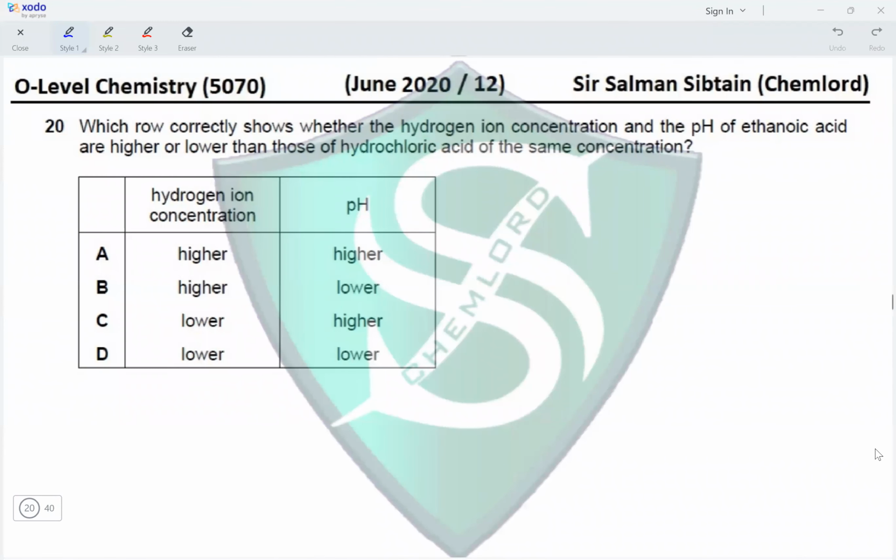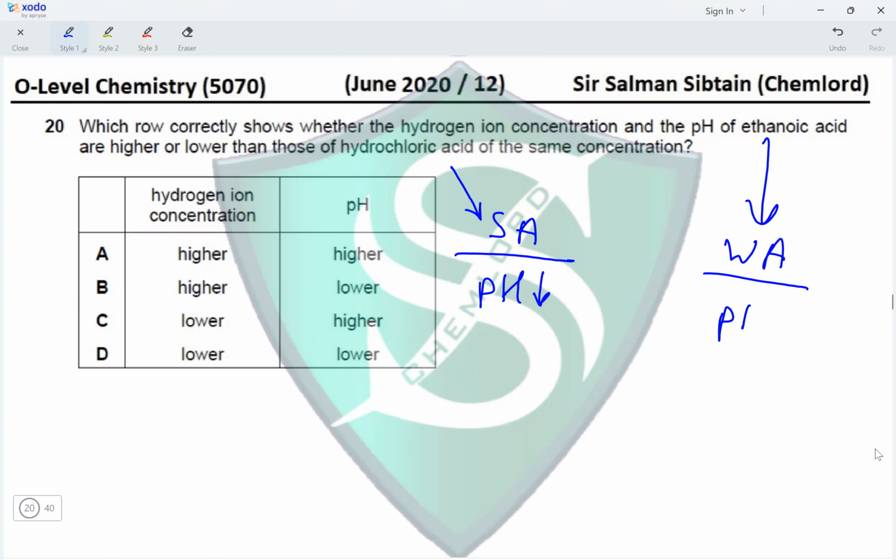Question 20. Which row correctly shows whether hydrogen ion concentration and the pH of ethanoic acid are higher or lower than those of hydrochloric acid of the same concentration? Now, hydrochloric acid is a strong acid and ethanoic acid is a weak acid. A strong acid has a lower pH, a weak acid has a higher pH.